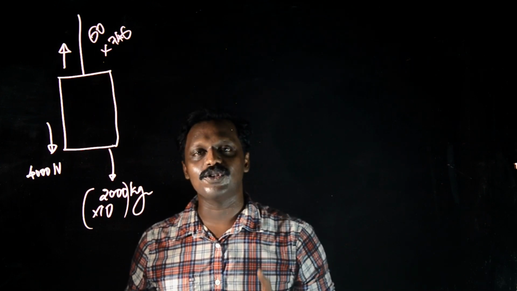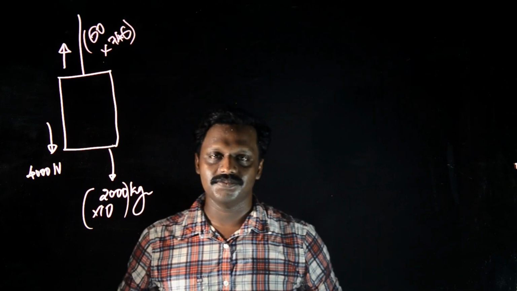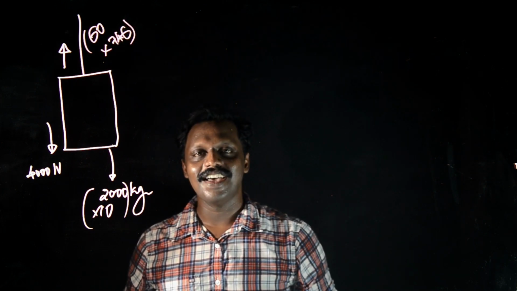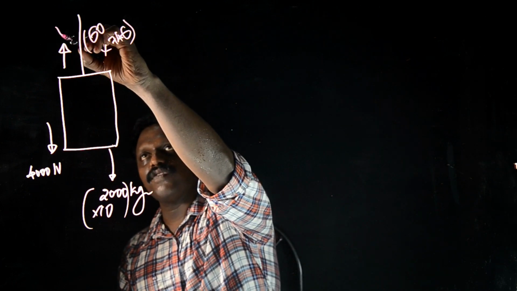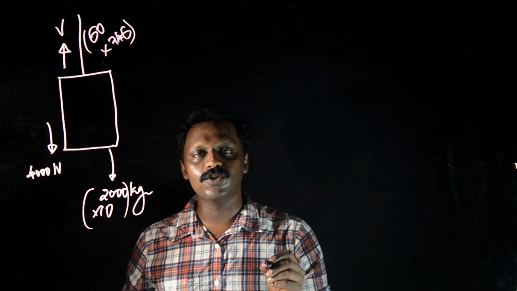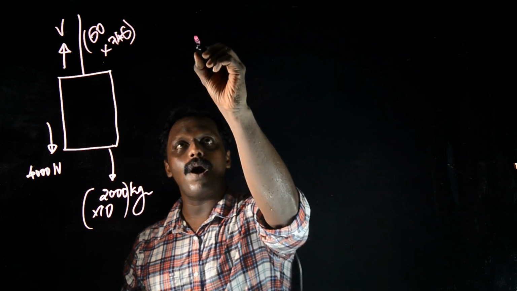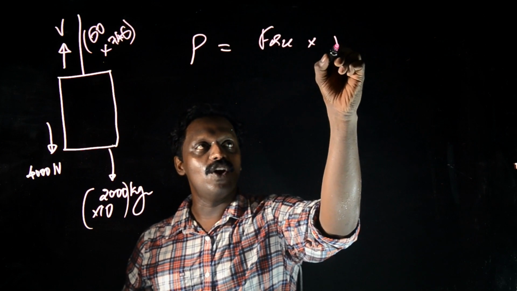Now the 60 HP motor is providing the upward force. 1 horsepower is equal to 746 watts. So the power is 60 multiplied by 746. Now we have to find the maximum velocity with which the lift can move upwards. So we will use a direct formula. Power is equal to force multiplied by velocity.